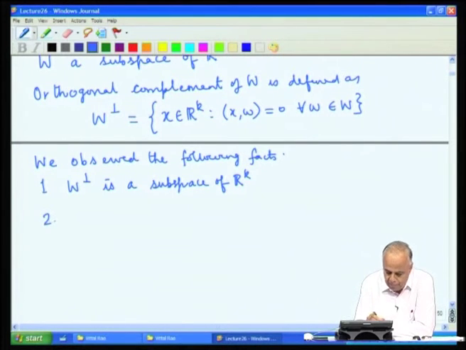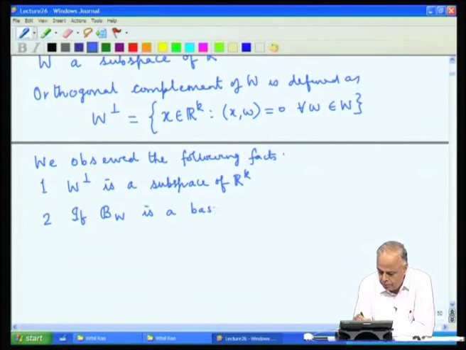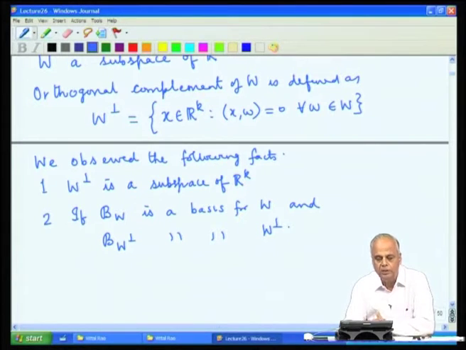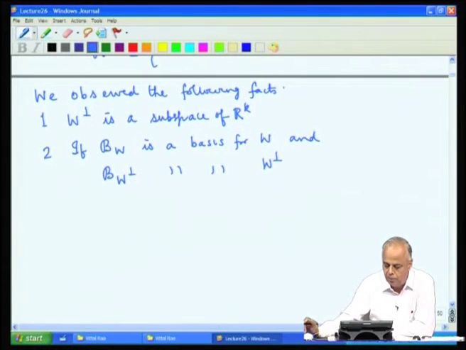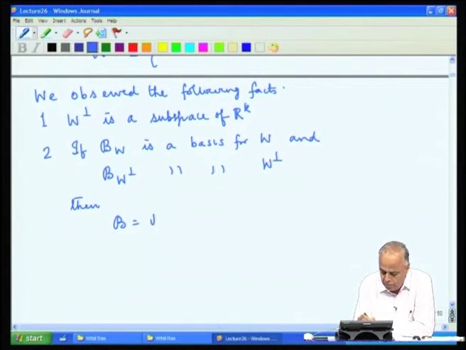The second thing we observed was that if B W is a basis for W and B W perp is a basis for W perp, so you have a basis for W and you have a basis for W perp, then if you put them together, let us call that B, B W union B W perp is a basis for the whole space.